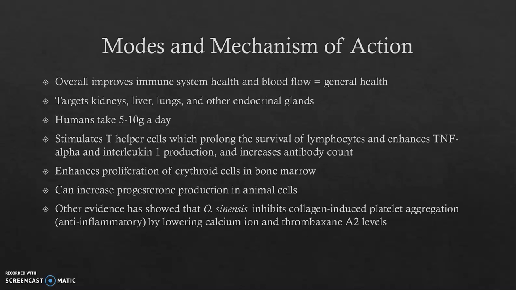It's also been shown to enhance proliferation of the erythroid cells in bone marrow, increasing bone density, and it can also increase progesterone production in animals. Other evidence has shown that it also has anti-inflammatory capabilities by lowering calcium ions and thromboxane A2 levels in the body.